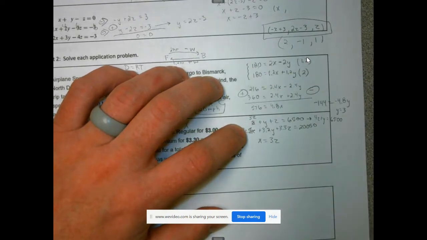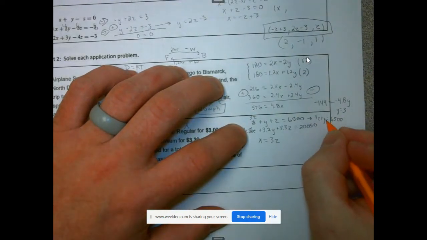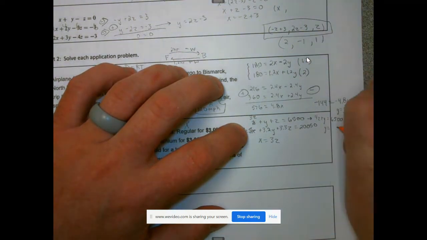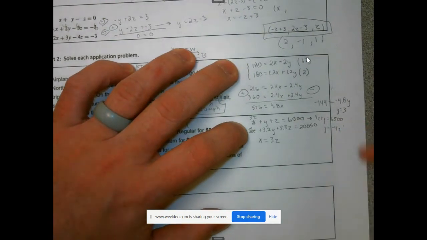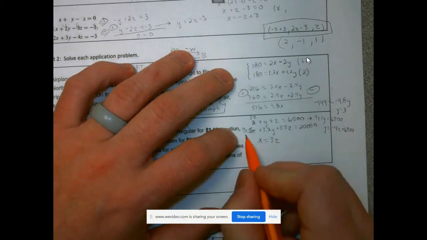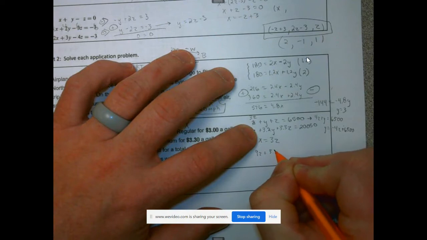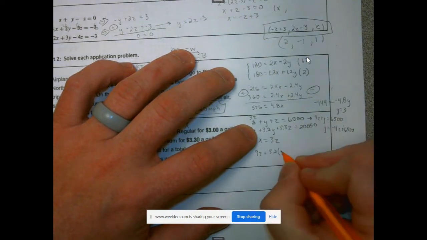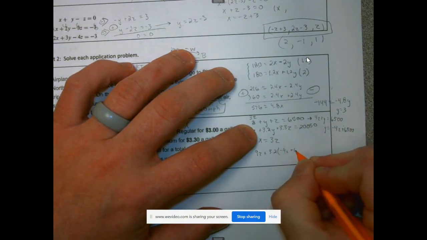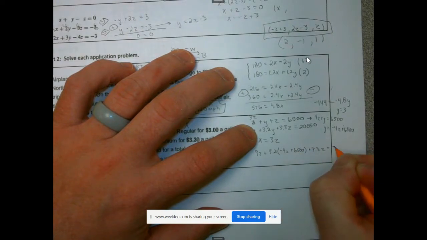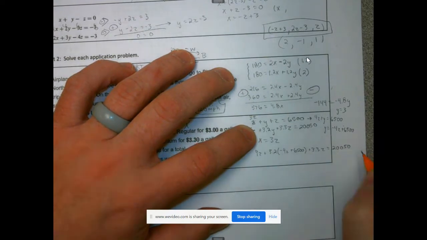Now, I could take this and solve it for Y and plug it into here and just have a bunch of Z's. So Y equals negative 4Z plus 6,500. So then I have 9Z plus 3.2 times your Y value, so 3.2 times negative 4Z plus 6,500, plus 3.3Z equals 20,050.